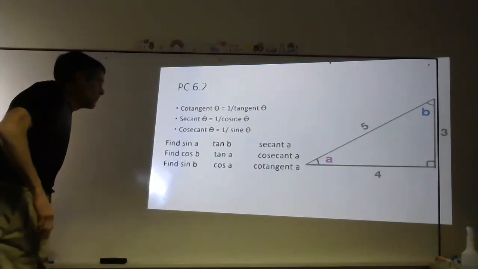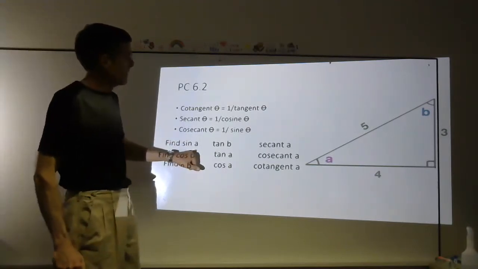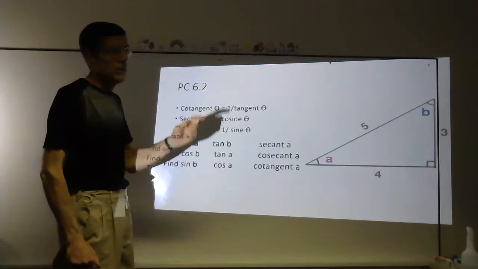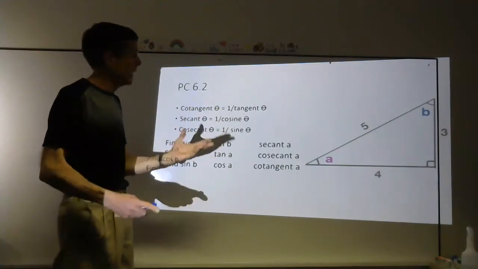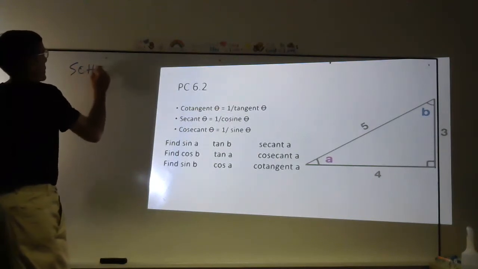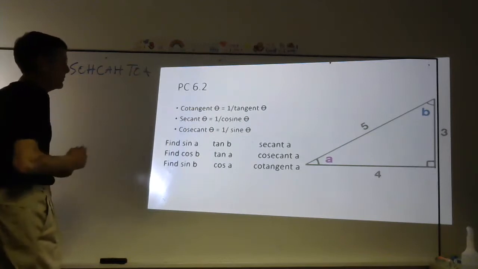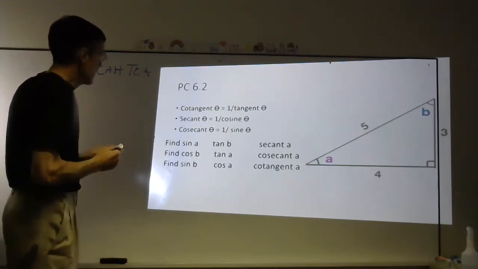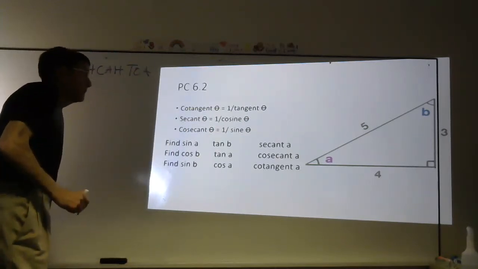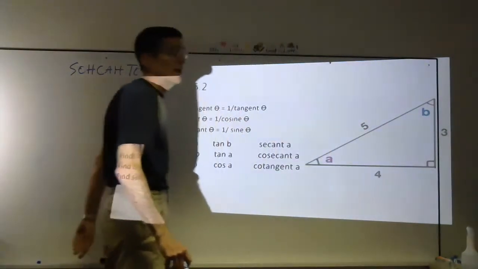All right, so let's start talking about some problems here. The sine of angle A, the sine is opposite over hypotenuse, and you're going to have to remember SOHCAHTOA so you can do these problems. Sine of angle A is 3 over 5.